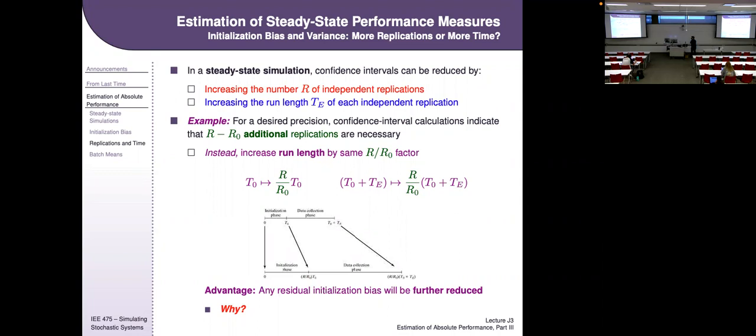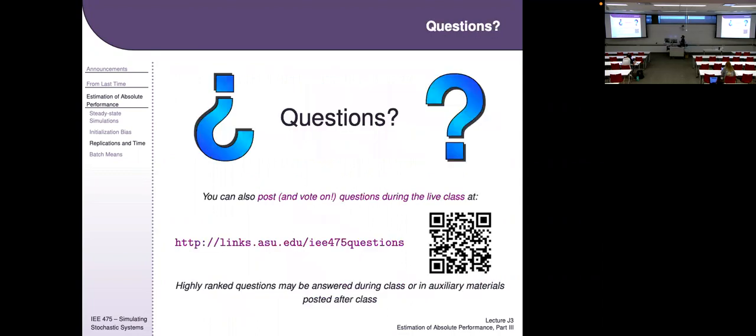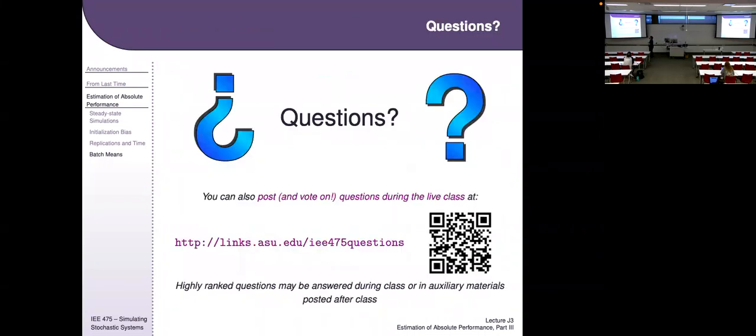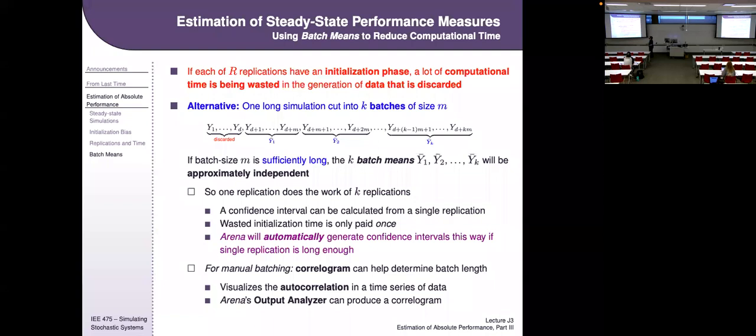Okay. All right, so what I think we'll do is next time I want to cover batch means, which is the only thing we sort of missed here. It's an alternative approach where rather than running a bunch of replications where every replication discards data, I'm going to show you how to run a single replication that is really, really long.